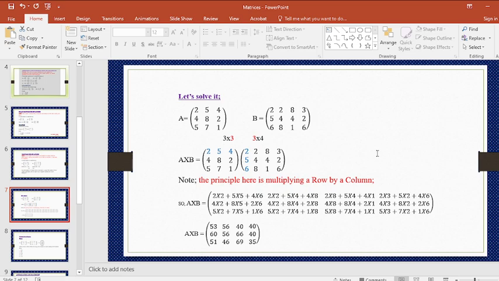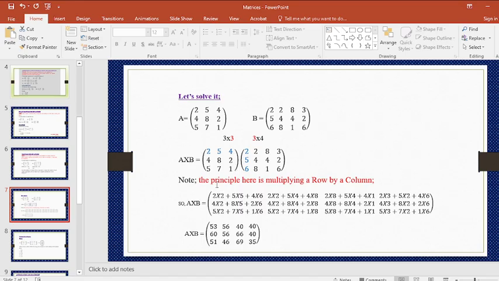Now let's look at this in this way. I try to change the color of this because I'm saying that a row by column. So we have the first row as 2, 5, 4, and the first column here is 2, 5, 6.